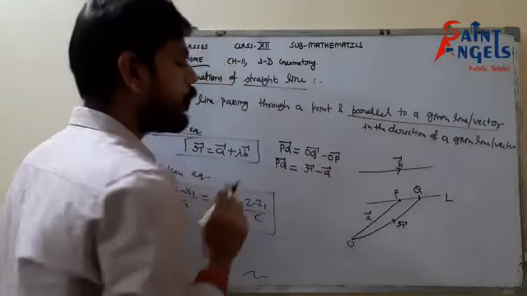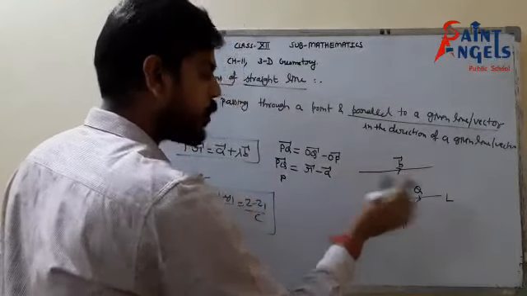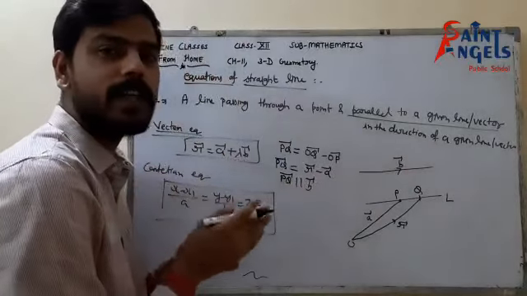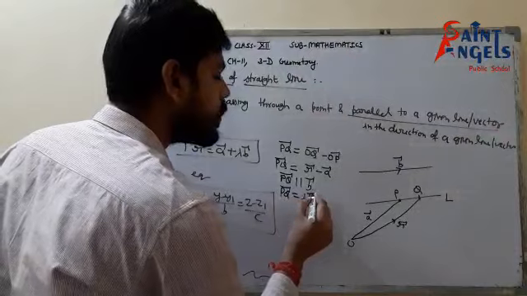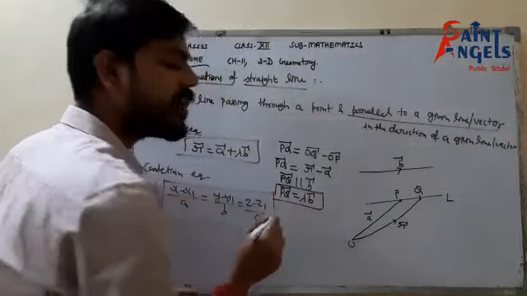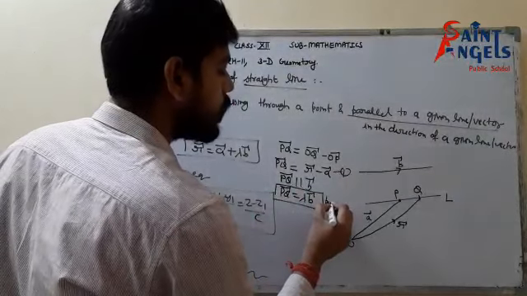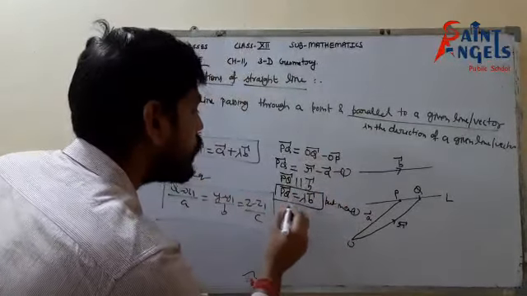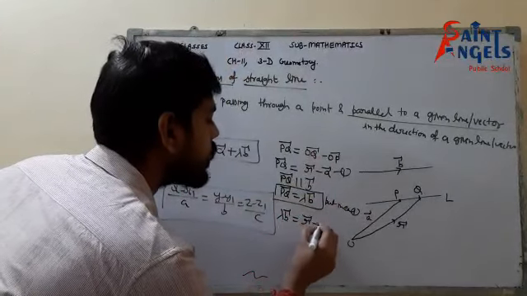Now, because this line is parallel to vector B, it means PQ vector is parallel to vector B, and we know that when two vectors are parallel, we can say that PQ vector equals lambda times B vector. That was the condition to prove two vectors parallel. So I am using this and putting it in equation number one: in place of PQ we put lambda B vector, so lambda B vector equals R vector minus A vector.